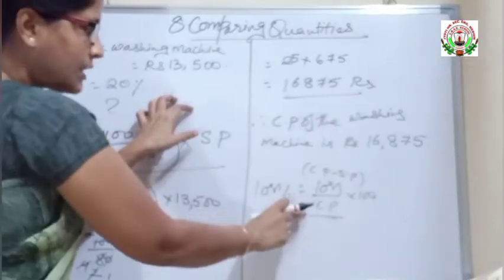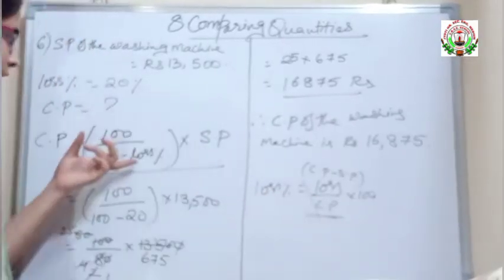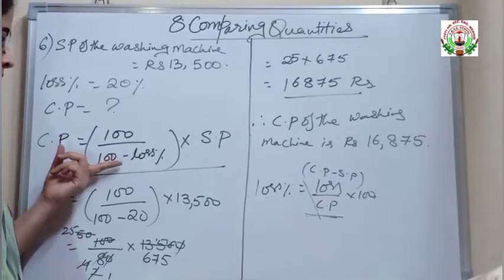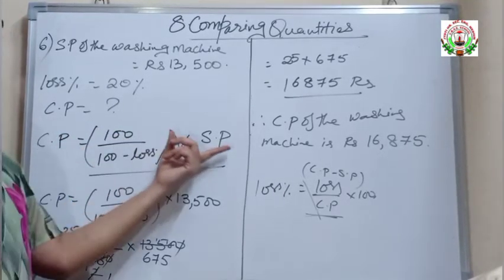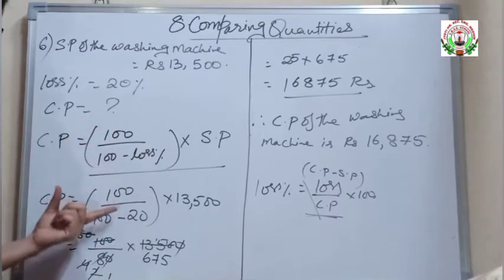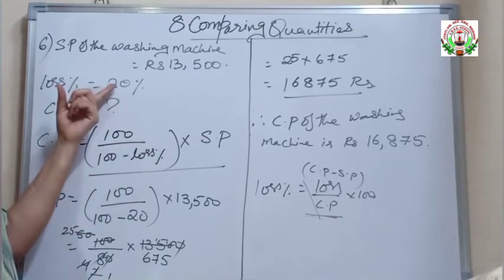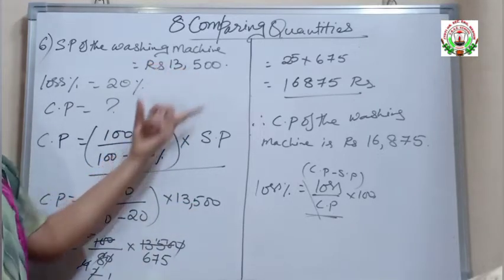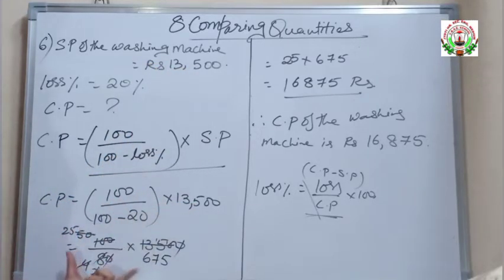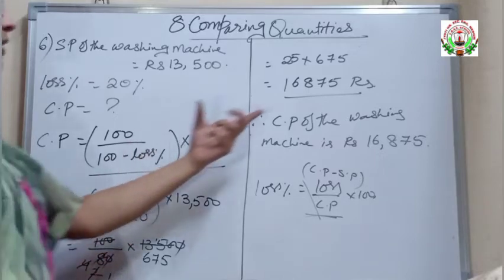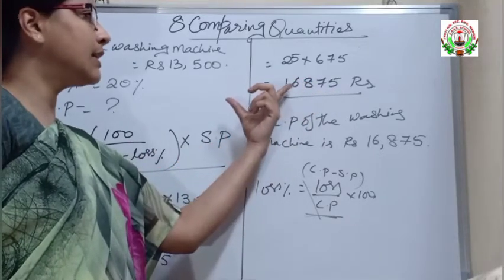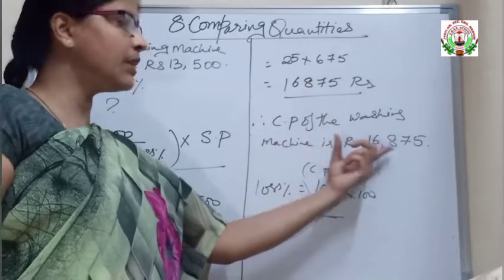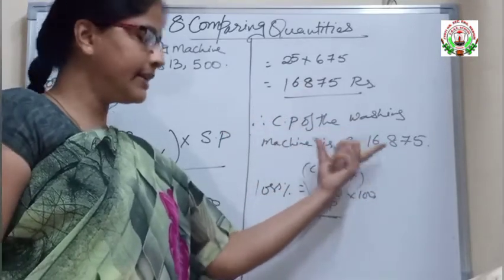So instead of this formula, we are going to use this formula. CP is equals to 100 by 100 minus loss percent into SP. So 100 by 100 minus loss percent, given as 20. So 100 minus 20 into SP, given as 13,500. So after substituting all the values and simplifying it, I have got the answer as 16,875. So the cost price of the washing machine is 16,875.